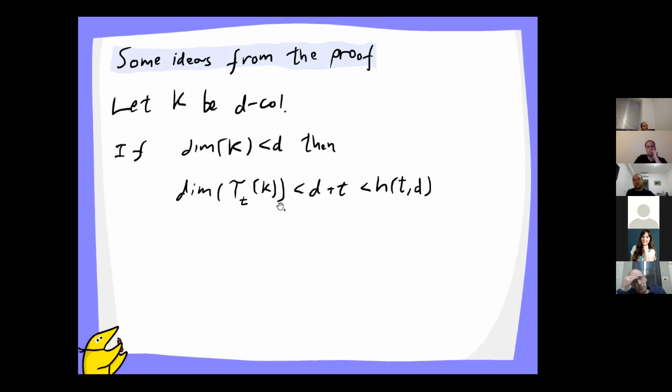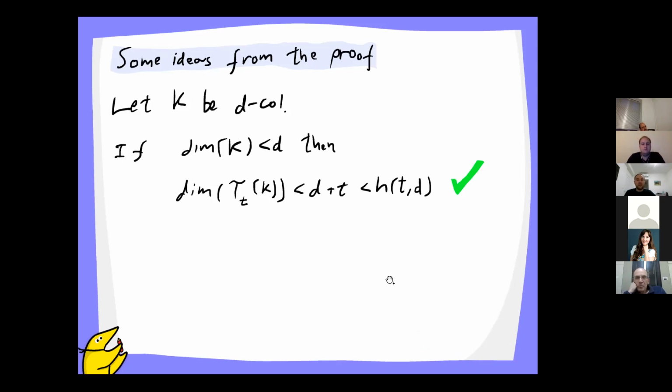So the dimension of the t tolerance complex is smaller than d plus t, which is smaller than this HTD bound. And of course, if the dimension of the complex is bounded, then also the Leray number is bounded, because we don't have homology in a dimension where we don't even have simplices. So in this case we are done.